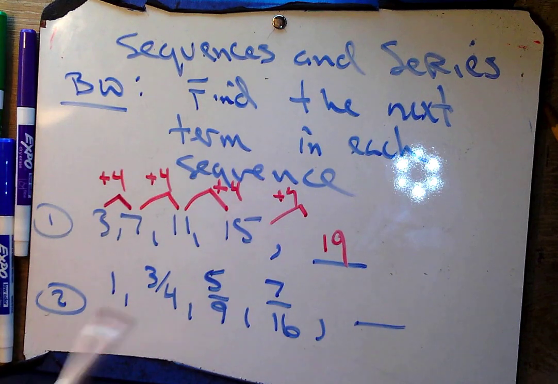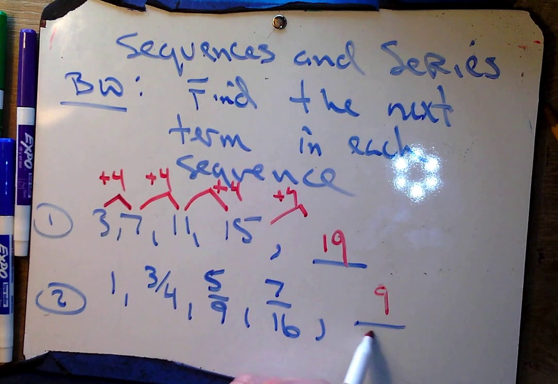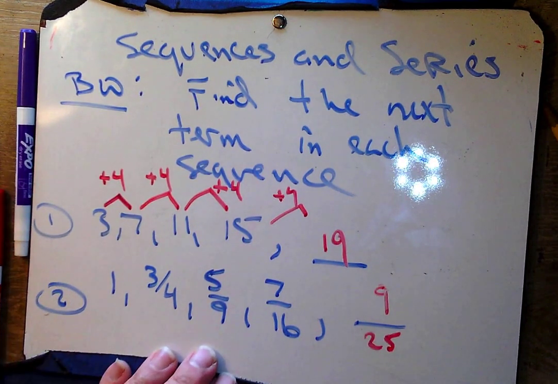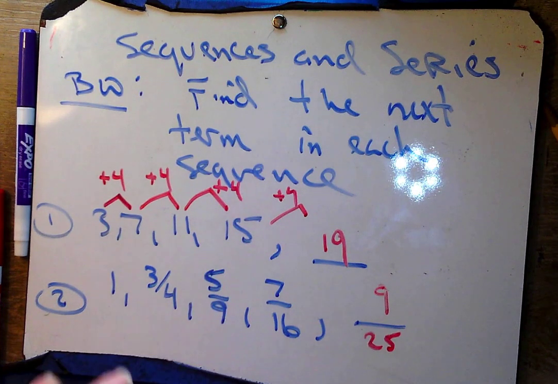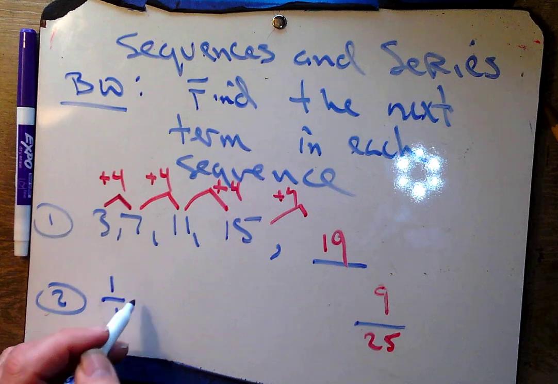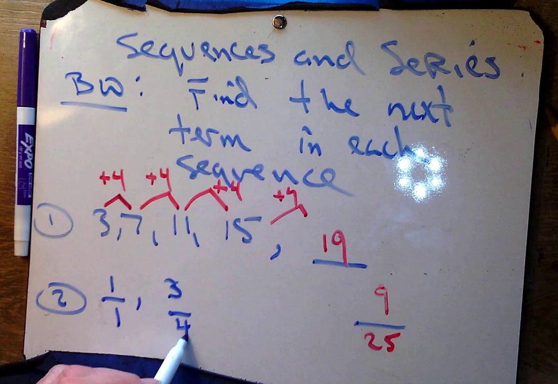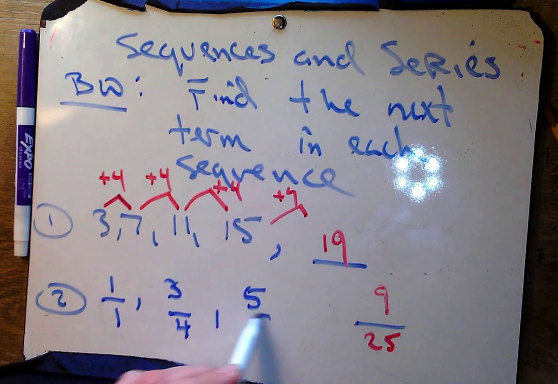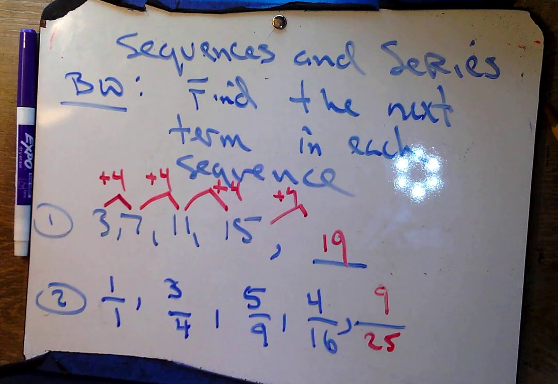I will tell you that this one is going to be 9/25. And what I did was I turned the numerator and denominator into two separate experiences. And so I was looking at 1/1, 3/4, 5/9, 7/16.